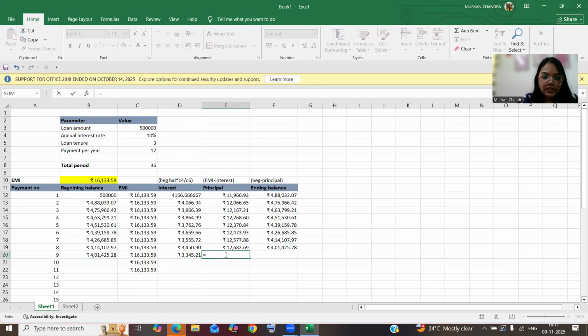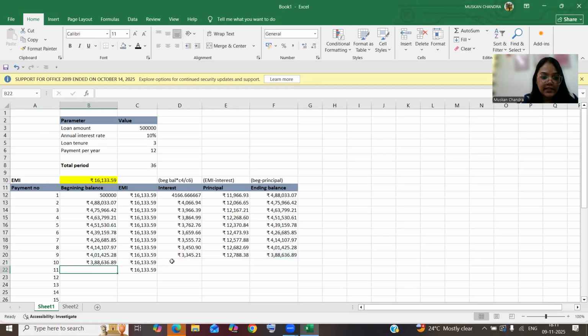Principal is equals to EMI minus interest. Similarly, we have to do it for 36 months.